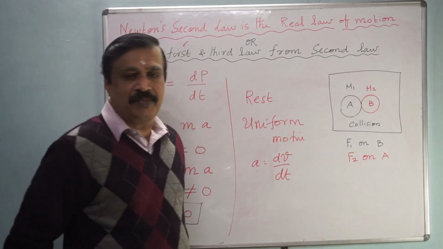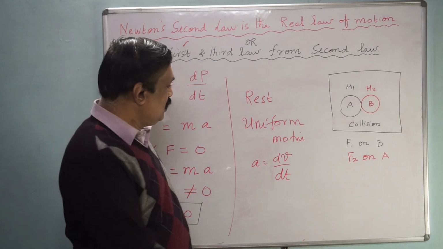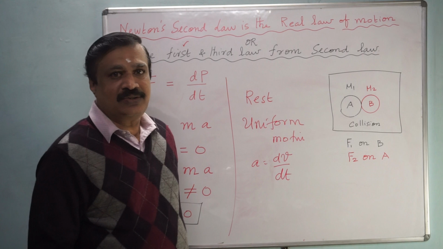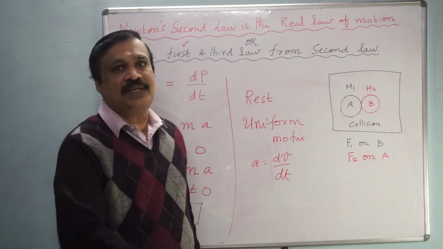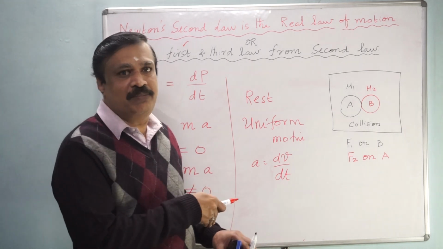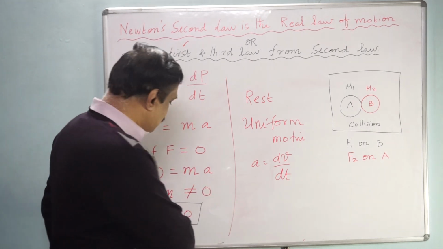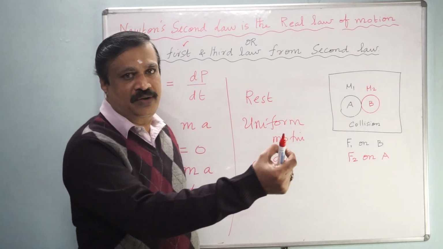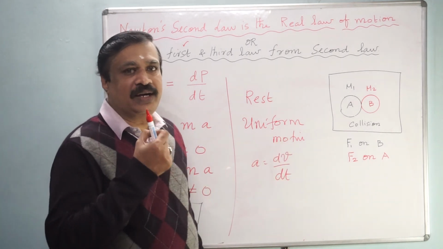That means in a uniform velocity there is no acceleration, because in uniform velocity there is no change in velocity. If there is a change in velocity, then only acceleration will be there. But here acceleration is zero. That means the body is in uniform motion, or the body is at rest.